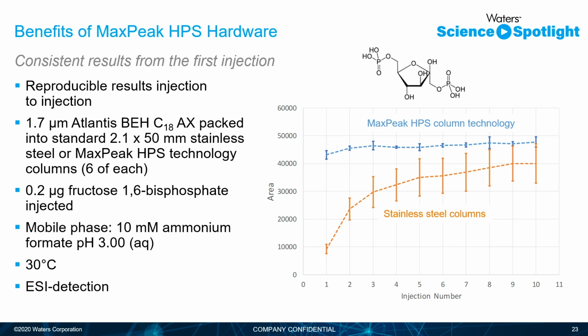Also to be noted is that for the 6 columns of each that we tested, the error bars, or the variability from column to column, is much higher in the stainless steel columns than with the MaxPeak High Performance Surface column technology. In fact, the MaxPeak High Performance Surface columns have very equivalent and very reproducible results from injection 1 to injection 10.